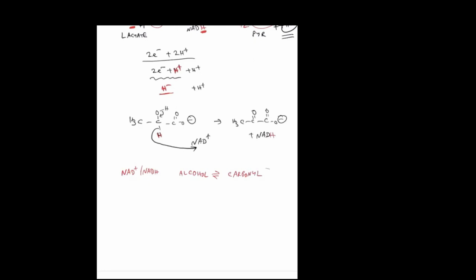So these are always going to be involved in catalyzing the alcohol to carbonyl and vice versa type of reaction. Just put this in your memory. All the examples you're going to see in this semester which use NAD plus NADH as a coenzyme are always going to be doing alcohol to ketone, alcohol to aldehyde, or ketone to alcohol, or aldehyde to alcohol. These type of reactions. Everybody with me? Yes.